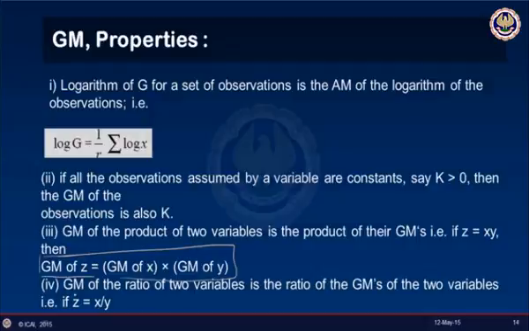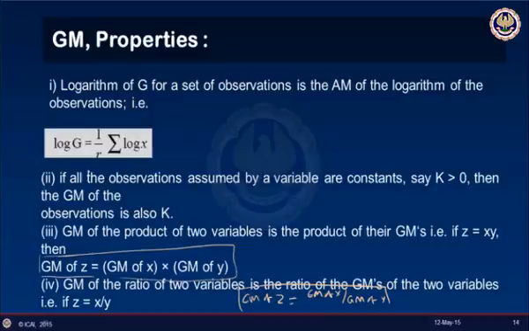And the GM of the ratio of two variables is the ratio of the GMs of the two variables: if z equals x by y, then GM of z equals GM of x by GM of y. These are the important properties.